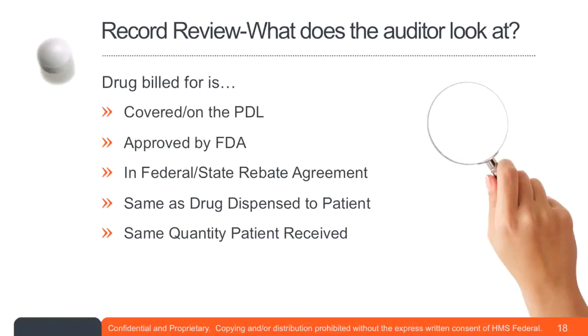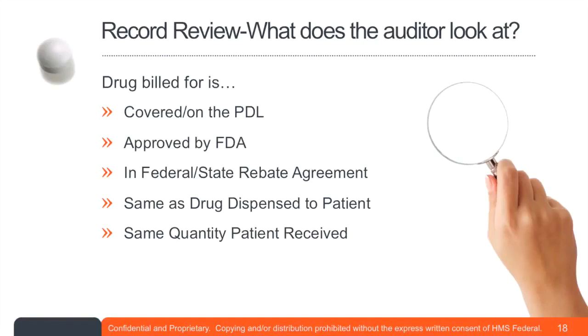Some other things that we're looking for is to make sure that the NDC that was billed for matches up with the NDC on the label, the NDC that was dispensed, because there can really be safety issues in that too with dispensing a different NDC than what you have on record as dispensing in case of some type of a recall.